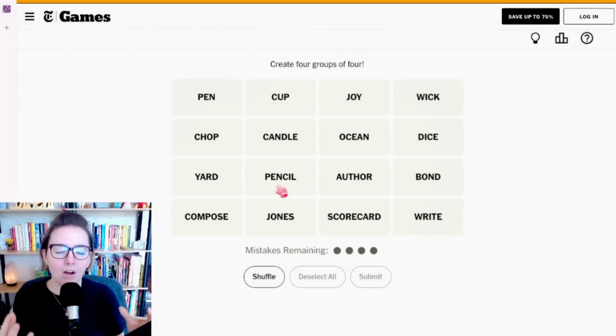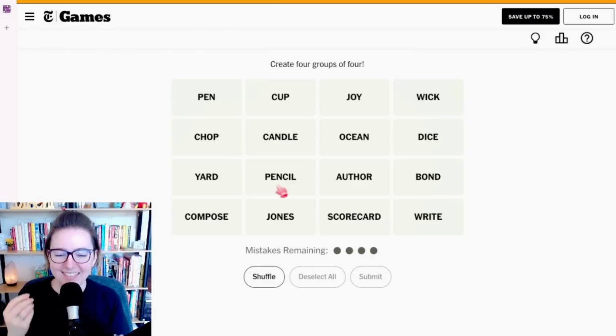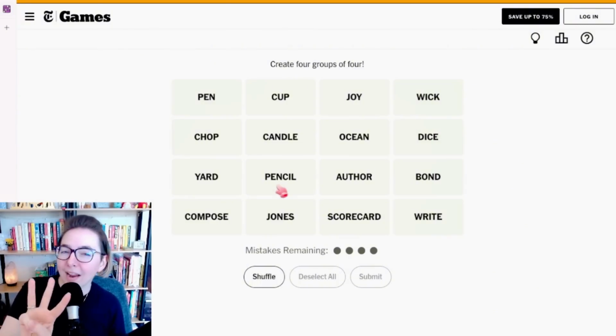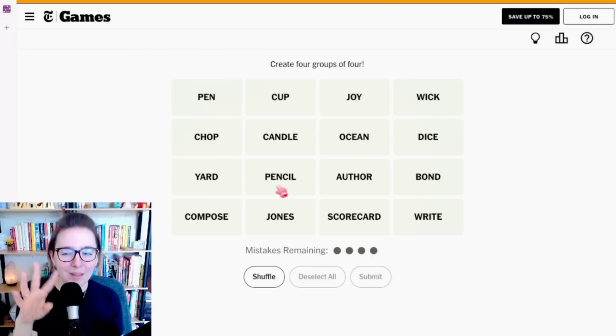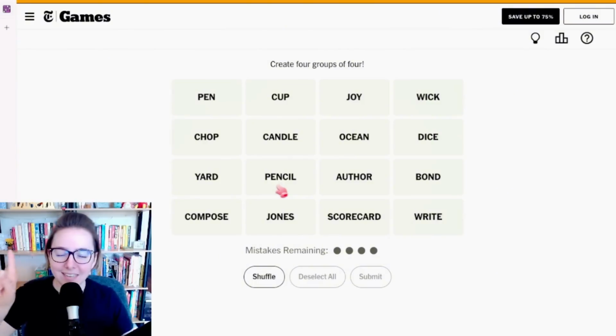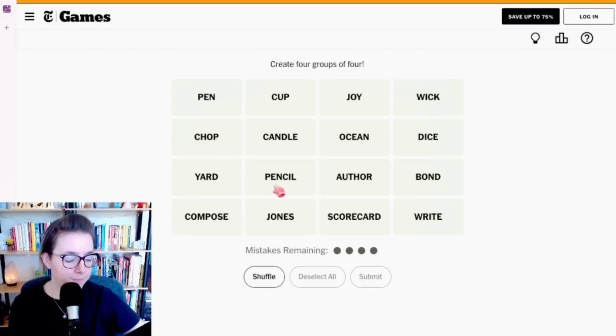And very often something that happens in this game is you find 3 that go together, but not 4. So we need to have some patience. What I'm going to do is solve this myself and explain why I'm choosing what I choose.